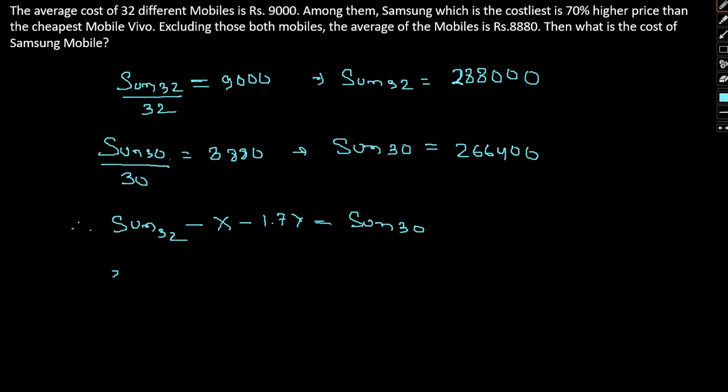So therefore minus 2.7x will be equal to 266,400 minus 28800. So therefore x will be simply 28800 minus 266,400 divided by 2.7, which is 8,000.